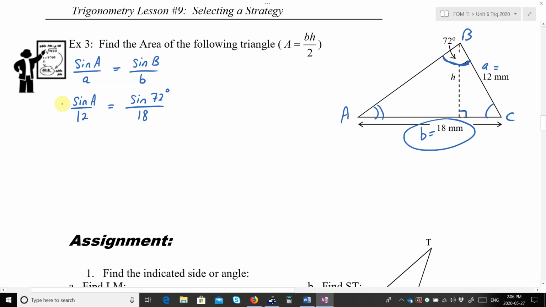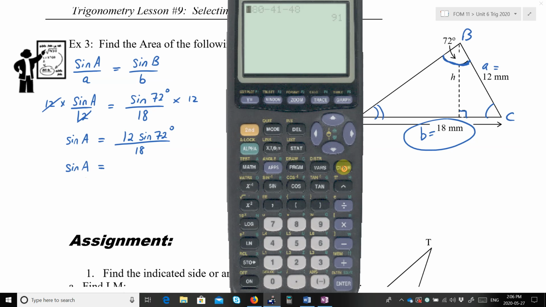And to get sine A by itself, basically what you have to do is multiply both sides by 12. And we get sine A is equal to 12 sine 72 degrees over 18. And so sine A is 12 sine 72 divided by 18, and we get 0.634.